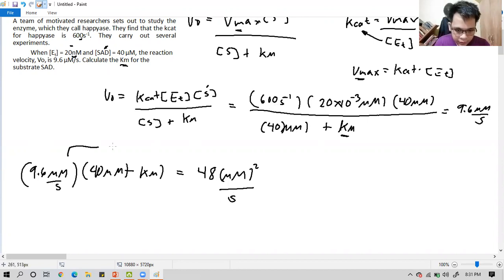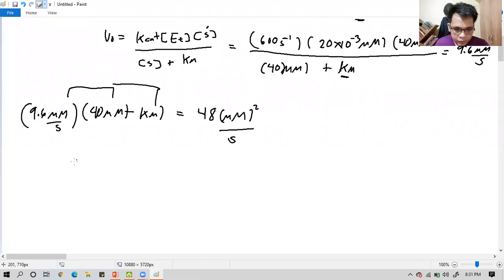Now, here we will have an equation, a direct computation. So, 9.6 times 40 would be 384 micromolar per second here. Wait, I detect some error.